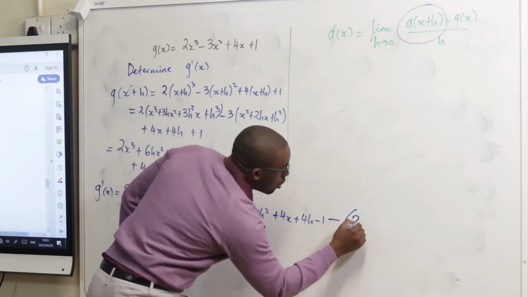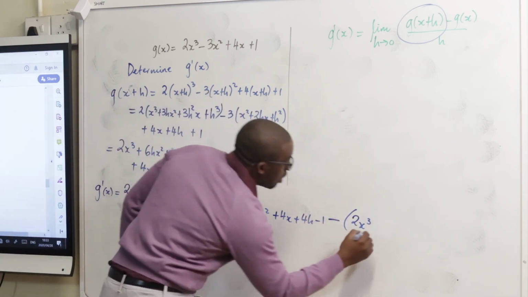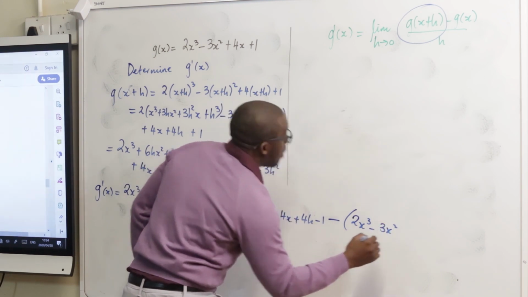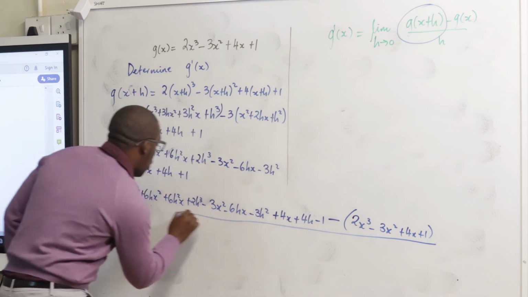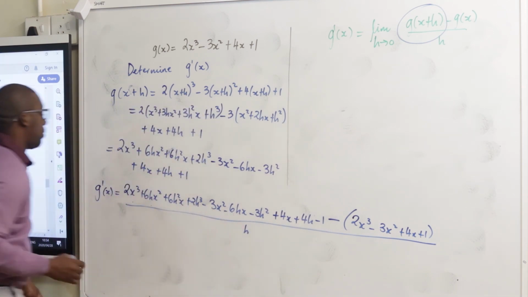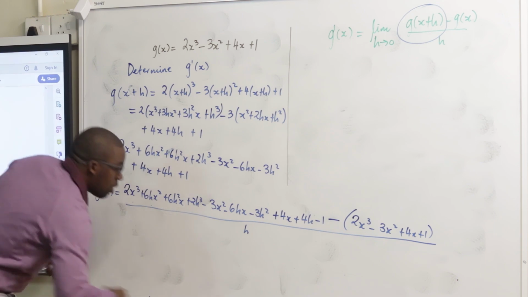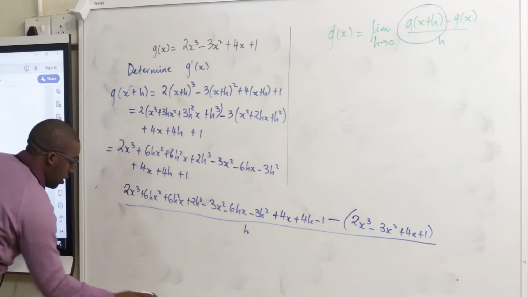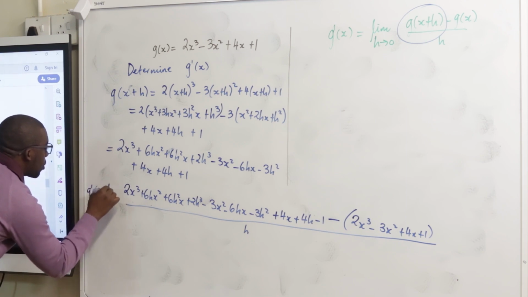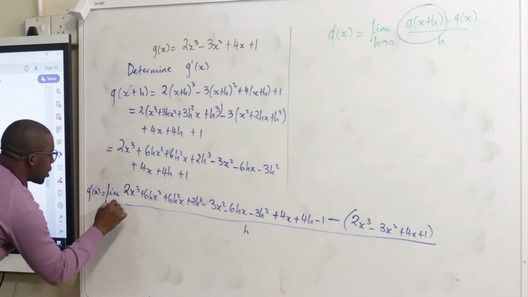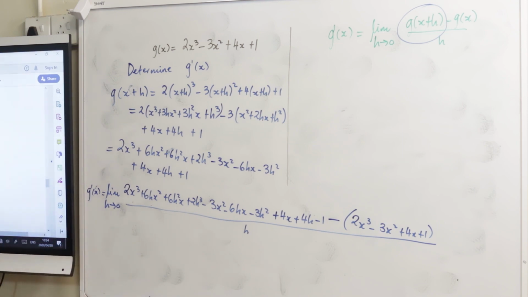So it's going to be 2x cubed minus 3x squared plus 4x plus 1, all over h. And one thing here, g prime of x is equal to the limit as h goes to 0. If you forget that limit there, you're going to be penalized for the notation.